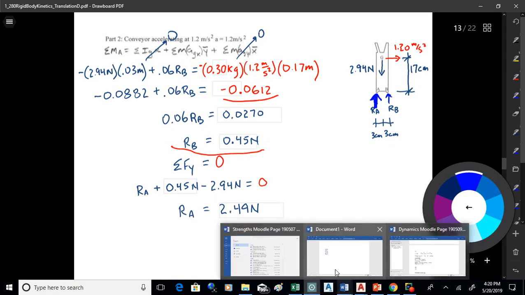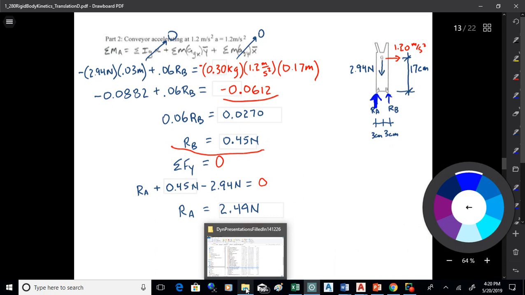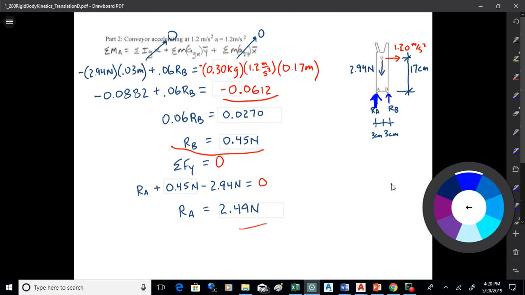Now, what can happen here is if you keep increasing that acceleration higher and higher, eventually you're going to drive this reaction to 0, okay? And that's when you get into something called tipping, okay? And I can show you maybe a couple examples of that where something will actually tip over.